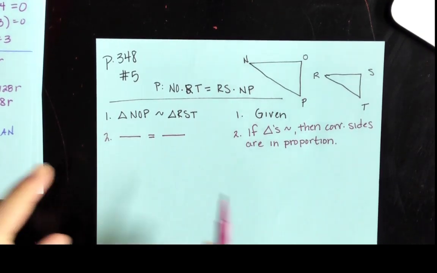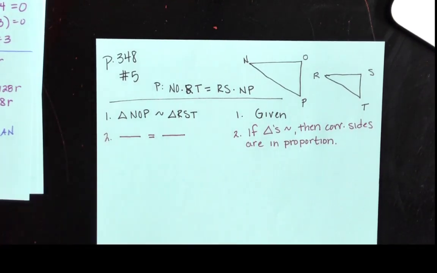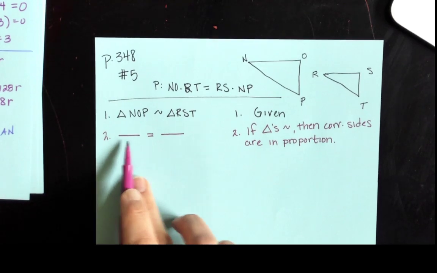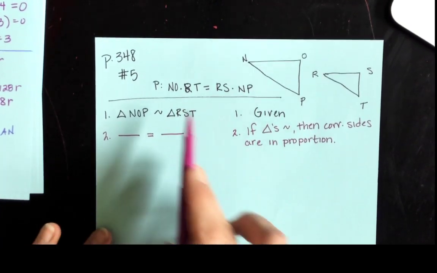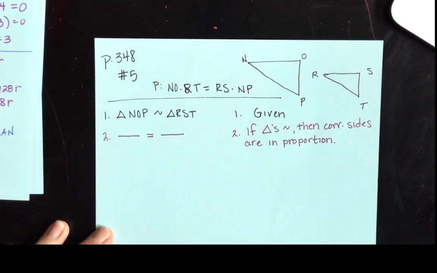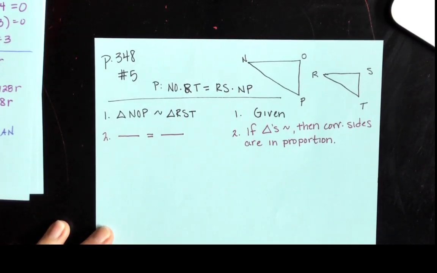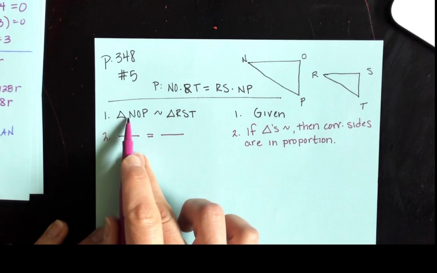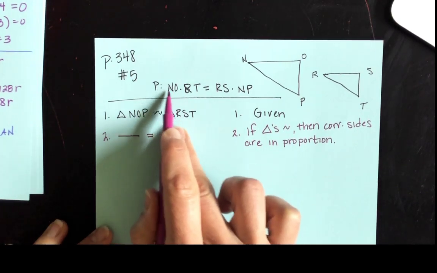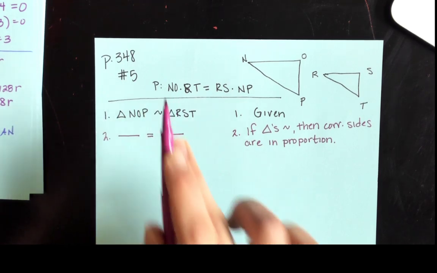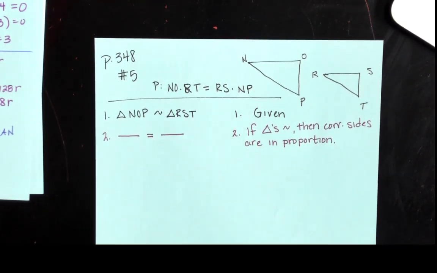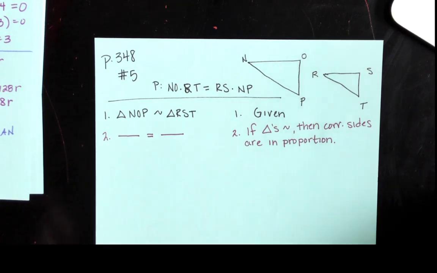So now all I have to do is figure out, how do I fill in my proportion? So notice I have my ratio, top bottom, equal ratio, top bottom. If this is how the cross multiplication worked, notice how this is NOP and this guy right here starts off with NO. I'm just going to go ahead and organize that as NO would go on top.